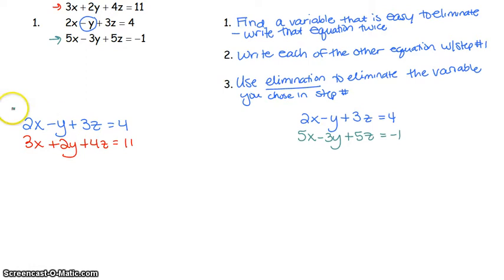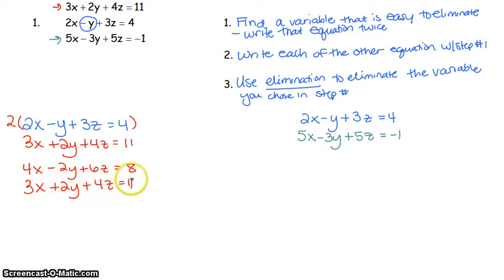So to get the opposites to cancel, we would multiply the top row by 2. That gives us 4x minus 2y plus 6z is equal to 8. We did not change the second equation, so we just copy it down. Our y's have been eliminated, so that gives us 7x plus 10z is equal to 19. We're done with that one for right now.